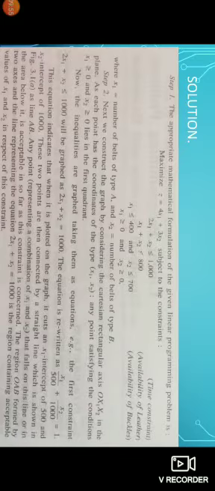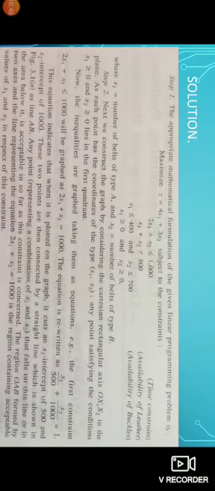This equation indicates that when it is plotted on the graph, it cuts the x1 axis at an intercept of 500 and the x2 axis at an intercept of 1000. These two points are connected by the straight line which is shown in figure 3.1. This is the first constraint, 2x1 plus x2 is equal to 1000.